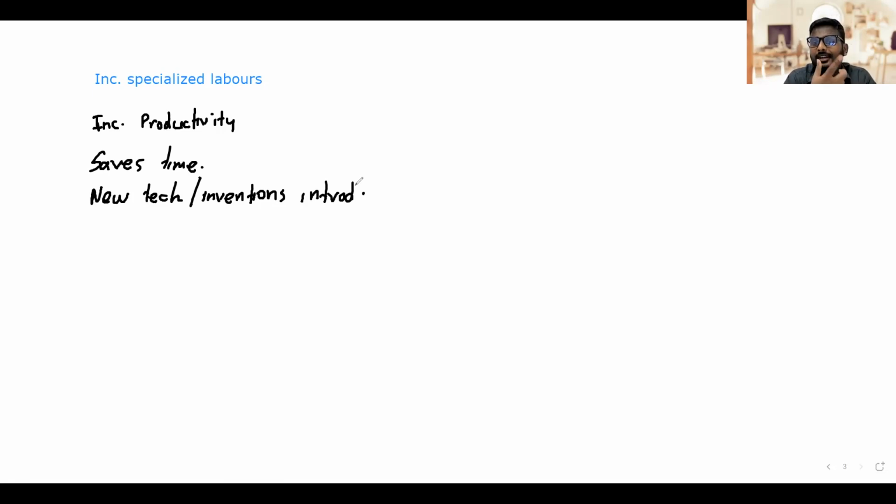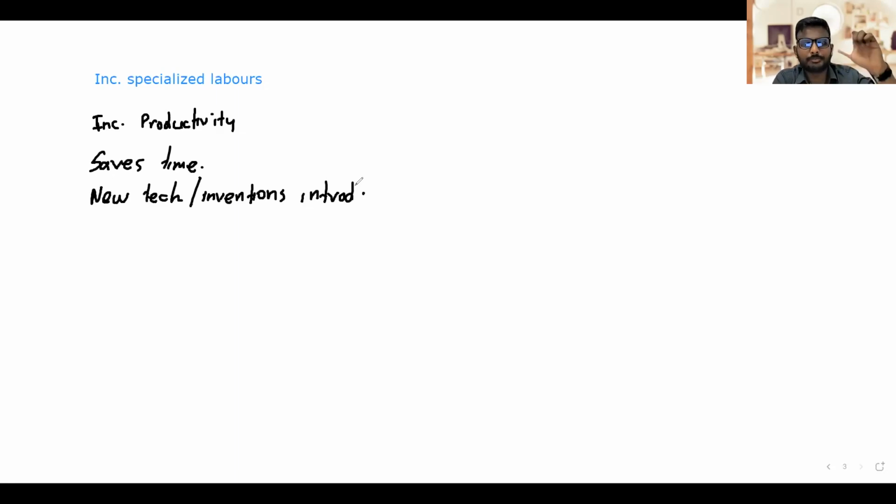Okay, division of labor results in that also. Anything else that you can come up with? One more point. With new technology, new technique inventions, output will increase. You can write that also, reduction in wastage.